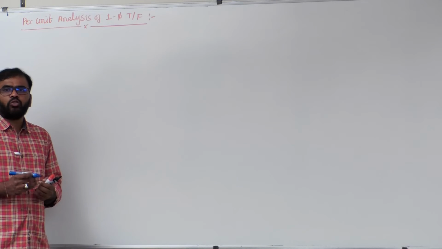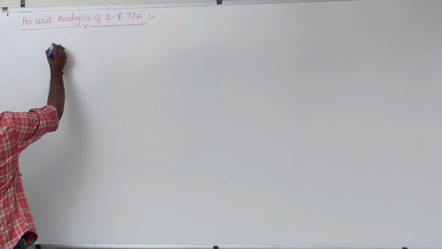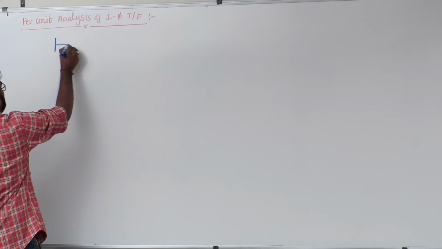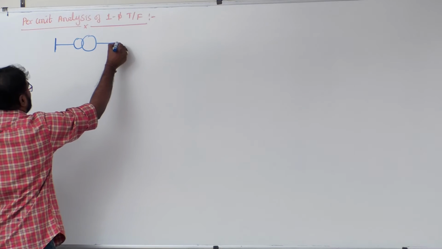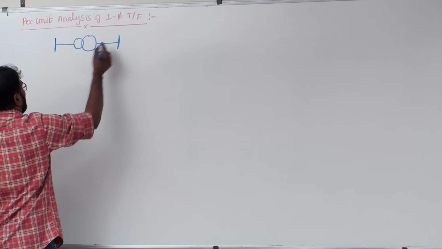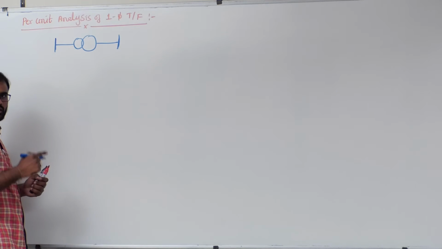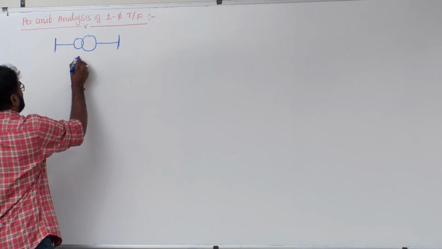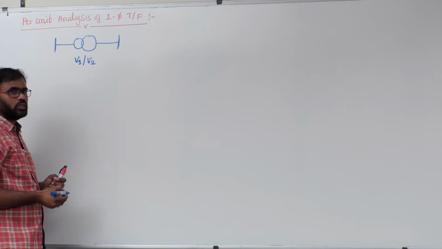Now we will see per unit analysis of a single phase transformer. I will consider a single phase transformer here which has a primary winding and secondary winding. We already discussed the smaller diameter circle indicates LV winding, larger diameter circle indicates HV winding. Let's say primary voltage rating is V1, secondary voltage rating is V2.